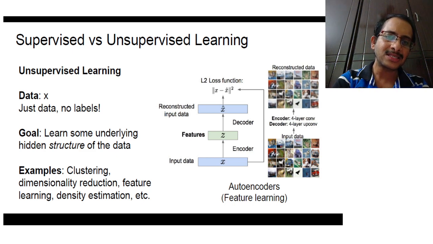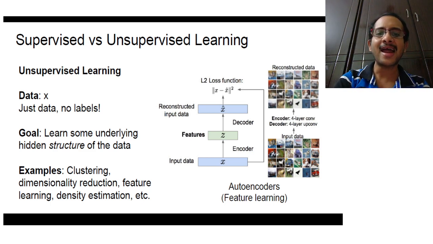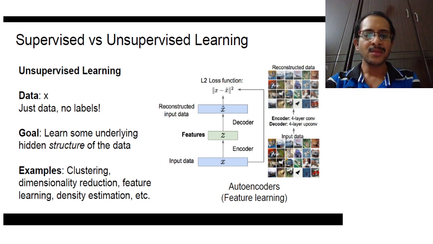From this 3 cross 3 cross 128 we can again get back the original image x hat, and the rest of the network is referred to as the decoder. The cost function here requires x hat to be similar to x, so it is x hat minus x whole square, that is the mean square error cost function we usually use for training these.